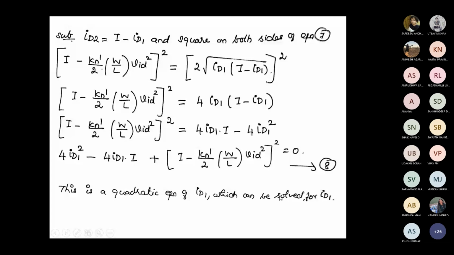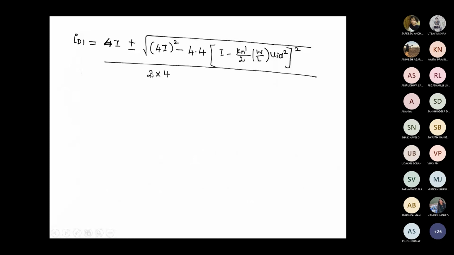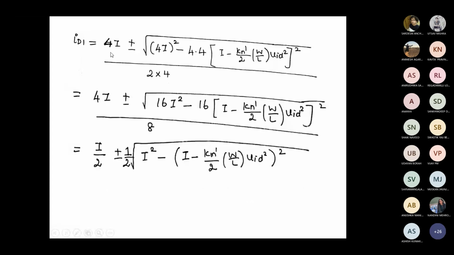Substituting into the quadratic root formula and simplifying, finally we have I by 2 plus or minus 1 by 2.